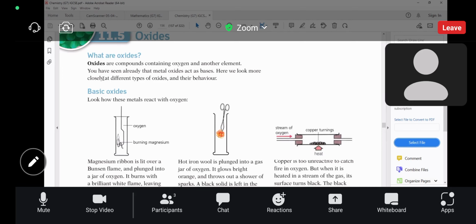So this is aluminium oxide. So this is how we write the chemical formula of oxides. Right?